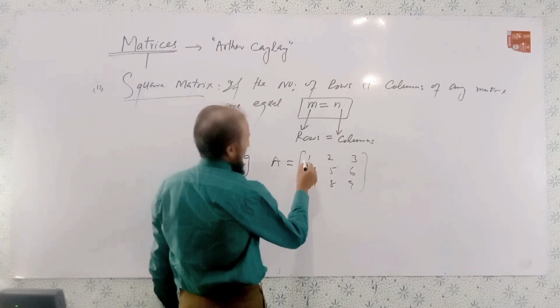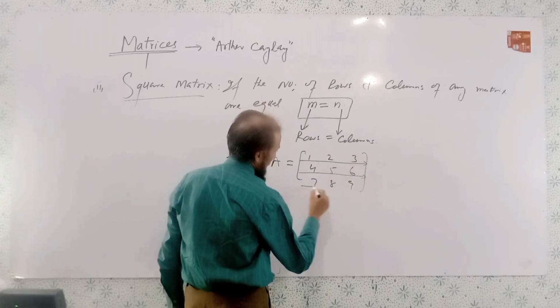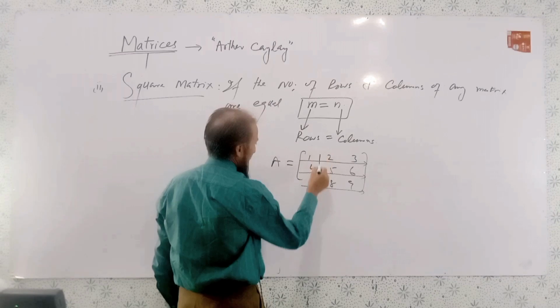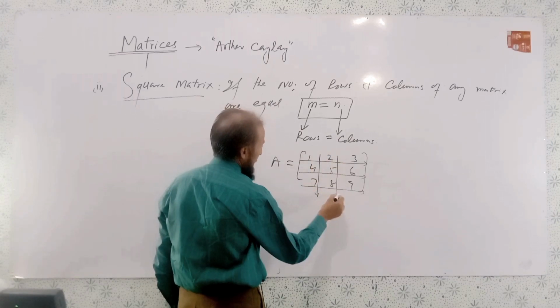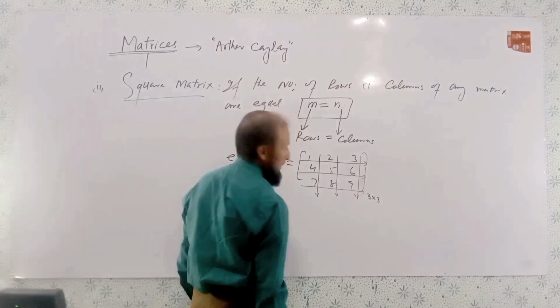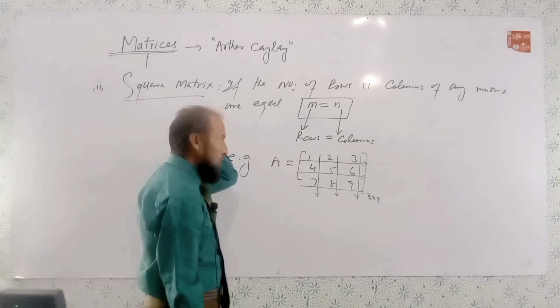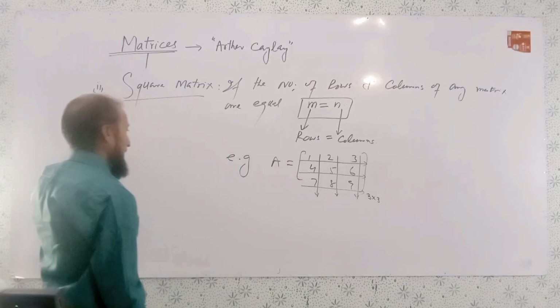Look here, there are three rows and three columns, so the order is 3 cross 3. So this is called a square matrix.